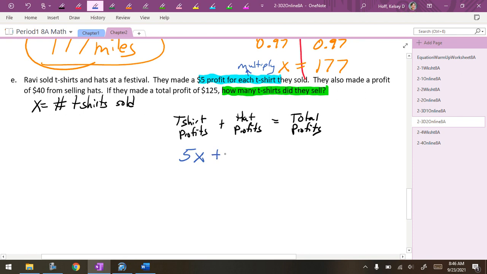How much money did they make on the hats? 40 total? I don't have to take it times X. They also made a profit of $40 from selling hats. Does it use the word each or per? So we're not multiplying, it's just plain 40. And how many total profits did they make? 125. On your own, find out how many t-shirts are sold.